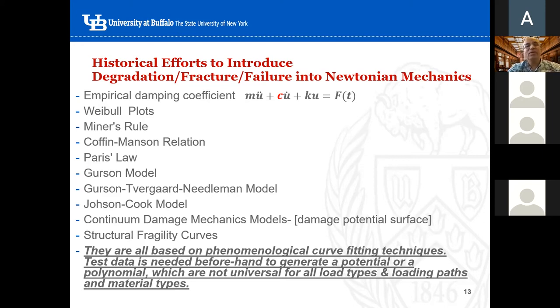What do they do? You take a material, you test it, you get the stress strain diagram, and then you curve fit to that stress strain diagram, so you have the stress strain response, and then you use it in an equilibrium equation. But how would you degrade the system over time?